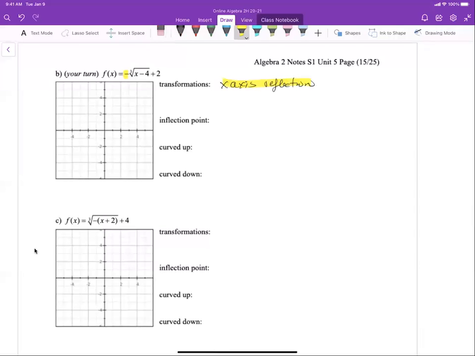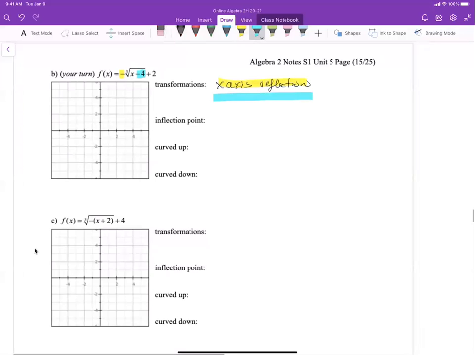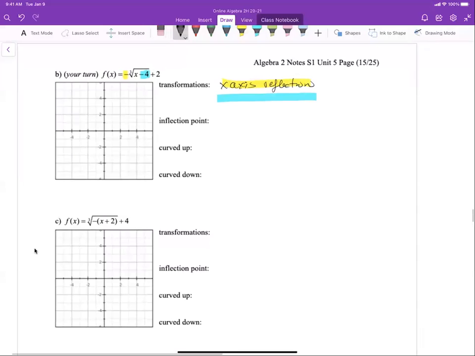We have a -4 in the parent function. So before we apply the parent function, that will be a horizontal shift right 4. We have a +2 outside, so that is in the vertical direction, so that is up 2.